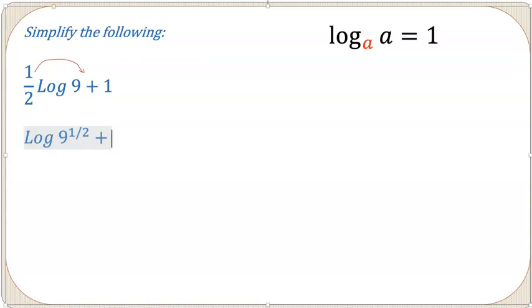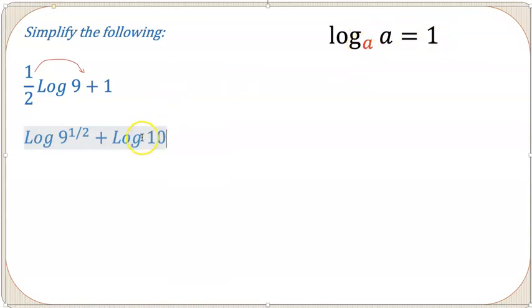I would say 1 we can express as log. If we're using base 10, the end result must be 10 for the answer to be 1. Right? As long as the base is a, the end result must be a for the answer to be 1, for the power to be 1.